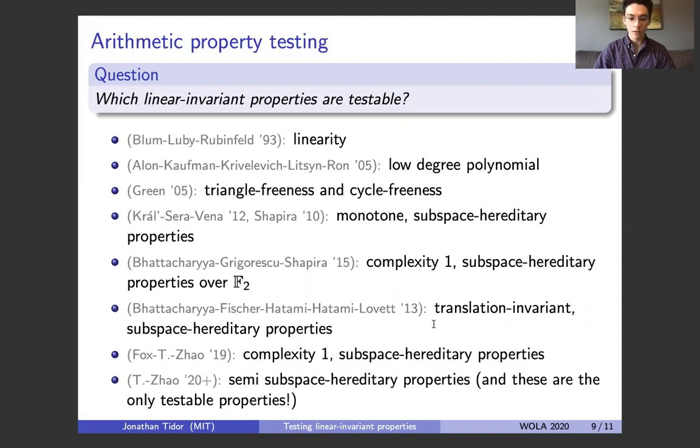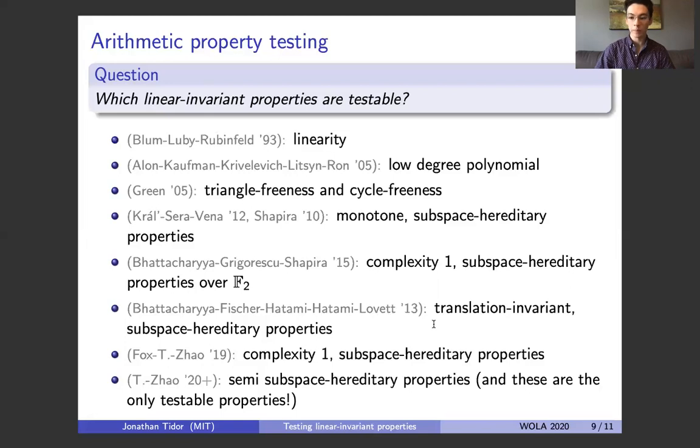So our result from this year removes both of those restrictions, the translation invariant restriction and the bounded complexity restriction that's present in the work of Bhattacharya, Fisher, Hatami, and Lovett. We also generalize from subspace hereditary to semi-subspace hereditary, which completely resolves the conjecture of Bhattacharya, Grigorescu, and Shapira.